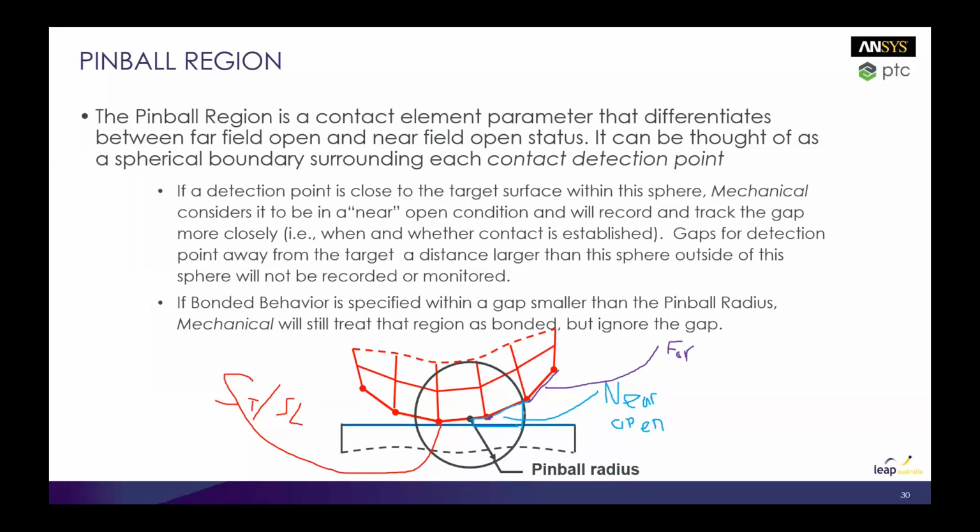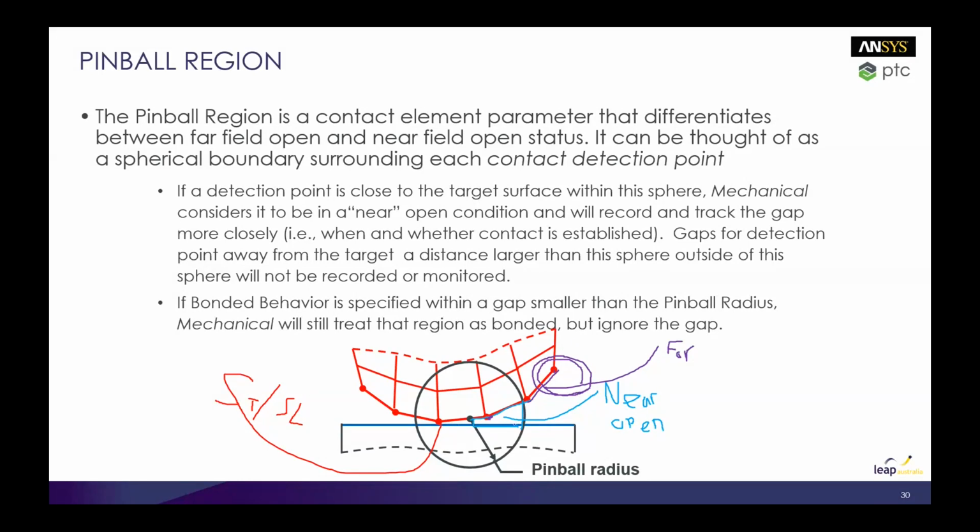Sorry, that's around each node point. So if this was, say, smaller, and we drew the pinball around here, if it was only that size, then it only searches locally in that region for impending contact.